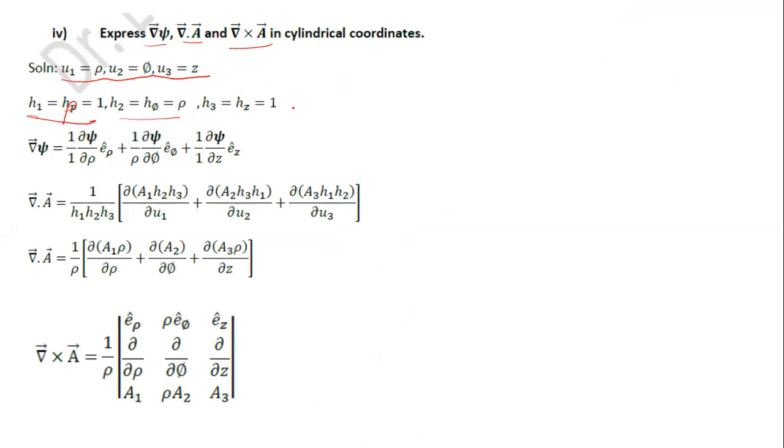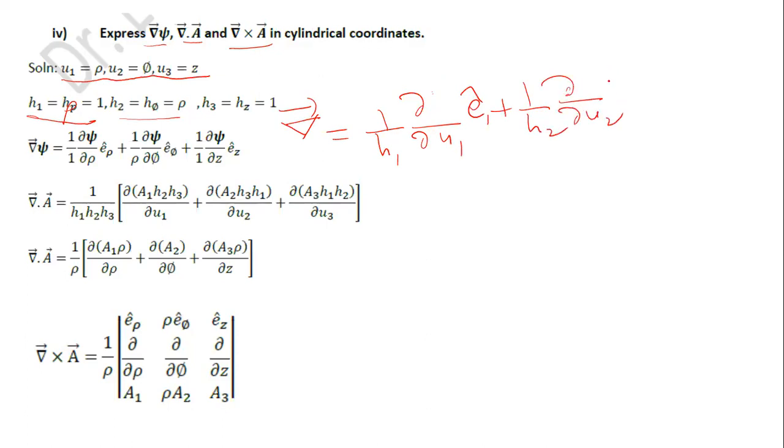And you know that the gradient, or the del operator, was, what was that, 1 upon h1 del upon del u1 e1 cap plus 1 upon h2 del upon del u2 e2 cap plus 1 upon h3 del upon del u3 e3 cap.